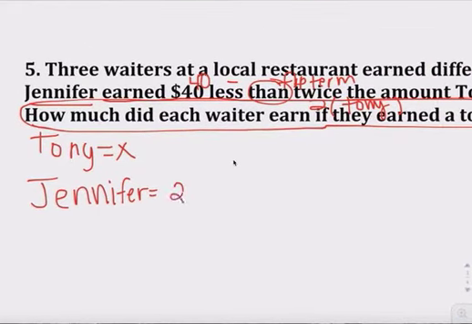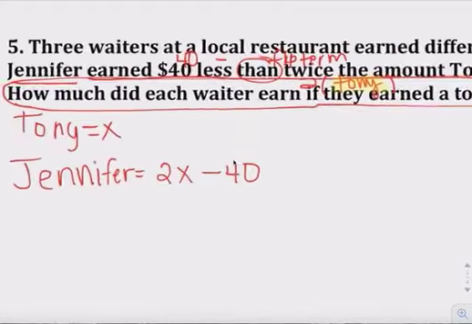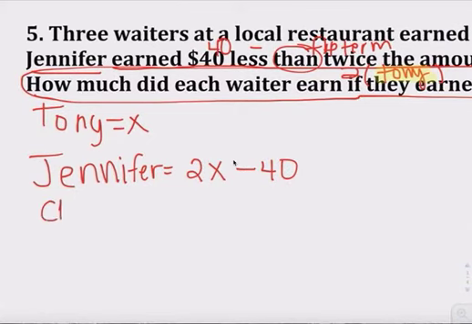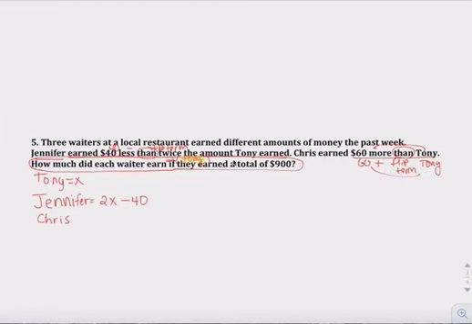So 2 times Tony, 2X minus 40. Okay, that's Jennifer. And the last person is Chris.